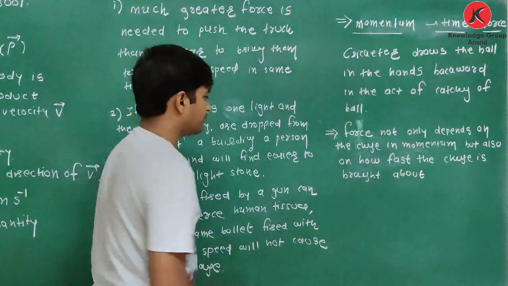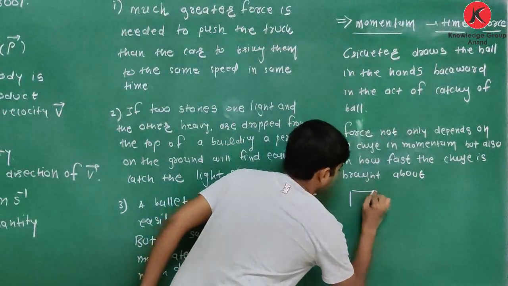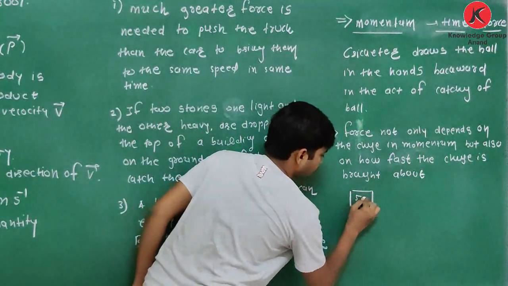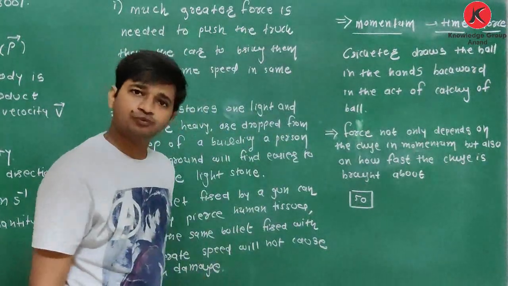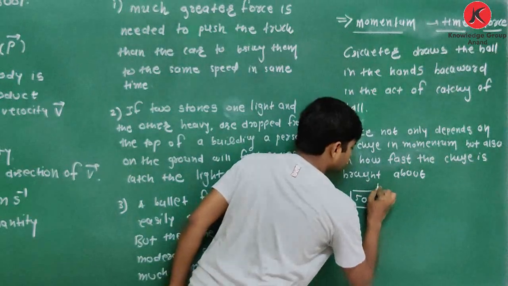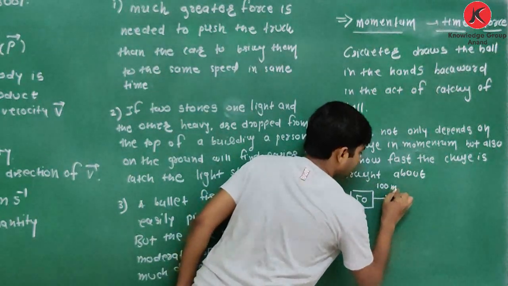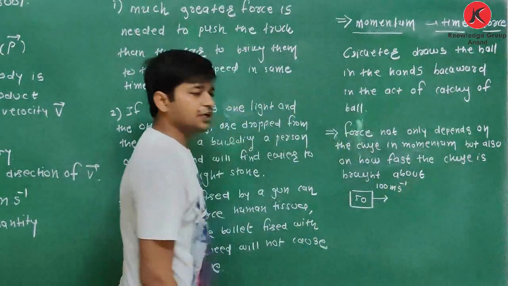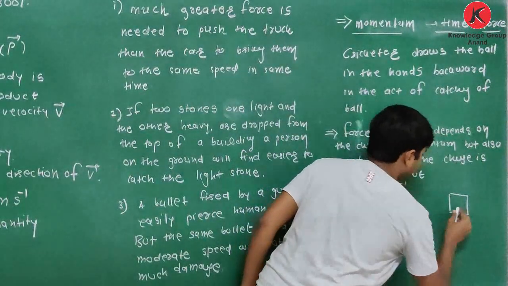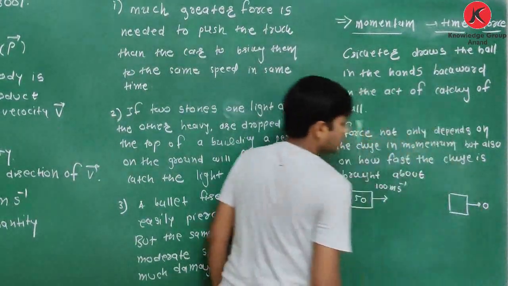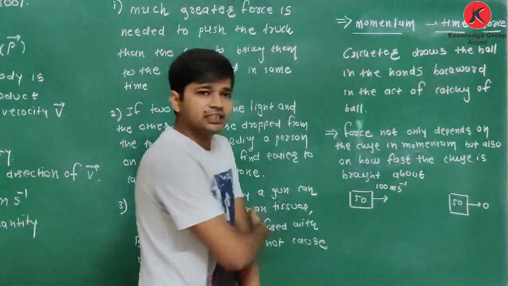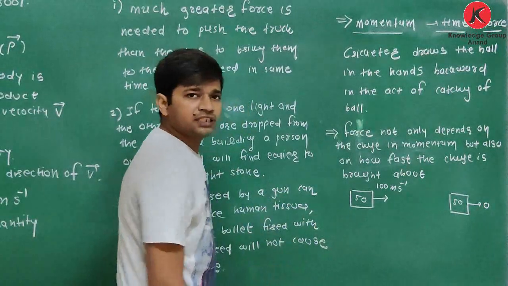See, for example, I have one car having mass 50 kg moving with speed 100 meter per second. Clear about this? And I want to stop it. I want to stop it means its speed becomes 0. Yes or no?